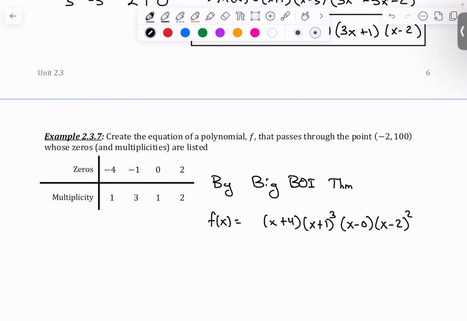We're going to write an A there for some number A. Any polynomial, or any value of A, will have these zeros with multiplicity.